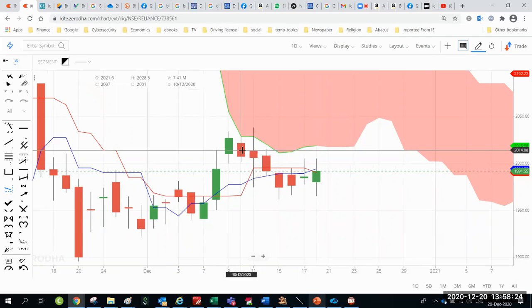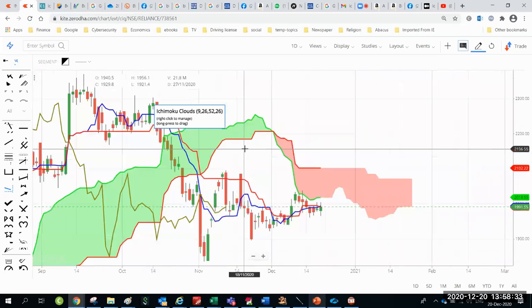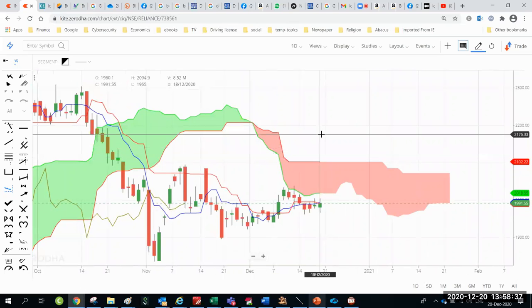So do you agree? Ichimoku is very strong. If you just apply Ichimoku, you can also apply your Bollinger Band. I could guess from the other chart about Reliance and ICICI Bank, I was thinking, am I really going right or not? This one confirms it. Yes, my thought process is right.